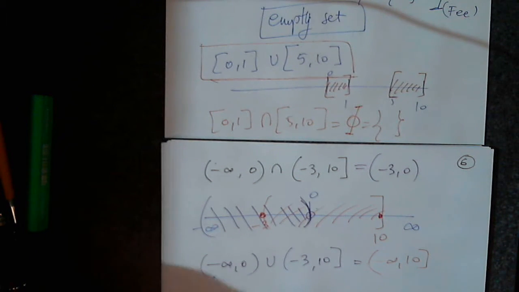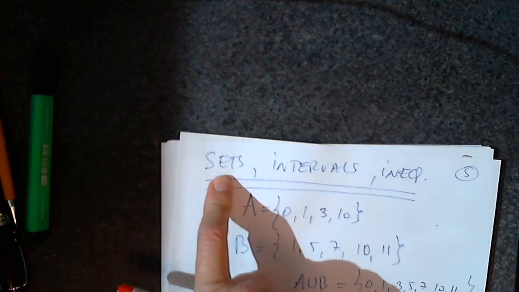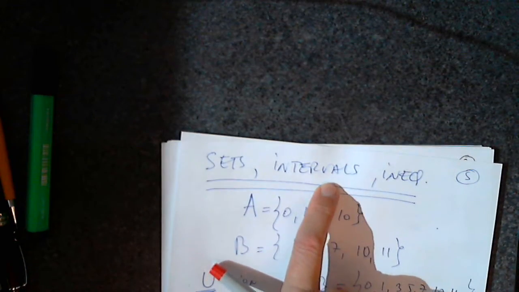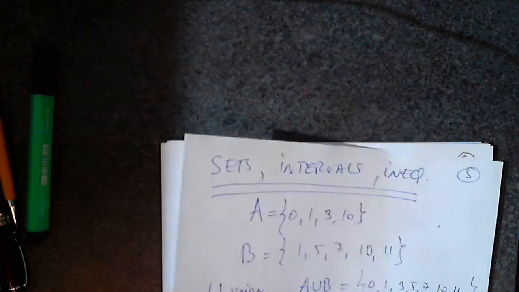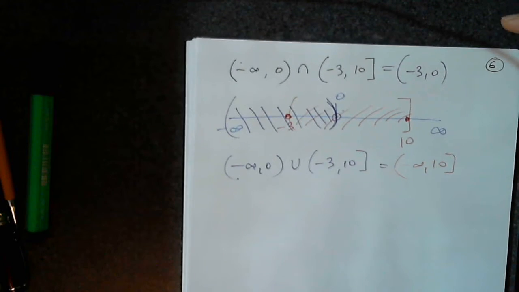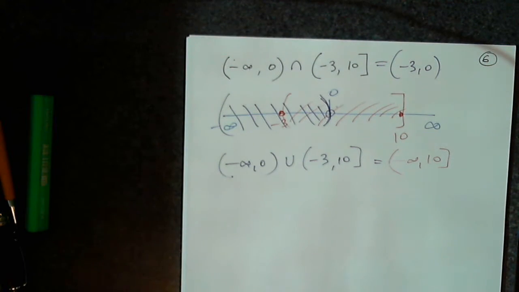Perfect. So having all this known already, we are ready to choose from page 558. Because we talked about union and intersections of sets, we talked about union and intersections of intervals, and now we're talking about how we apply the union and the intersection to inequalities.